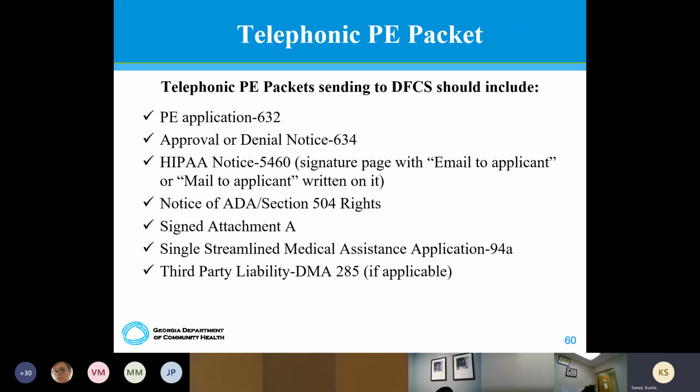So that tells us that you either emailed this copy to your applicant or you mailed it. Don't put anything else, just email to applicant or mail to applicant. That goes on the signature page that you're going to put in your PE packet. Copy of the notice of ADA, the attachment A that you signed on their behalf, the 94A, and then the DMA 285 if applicable.